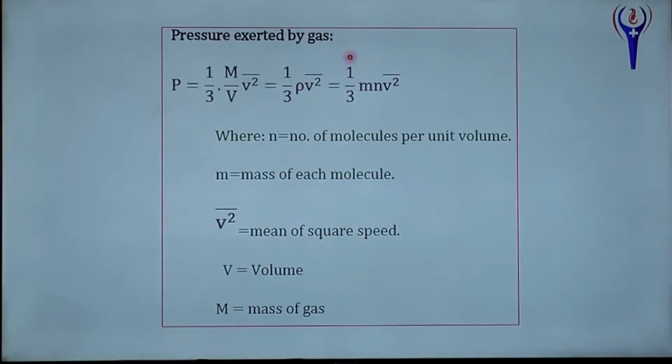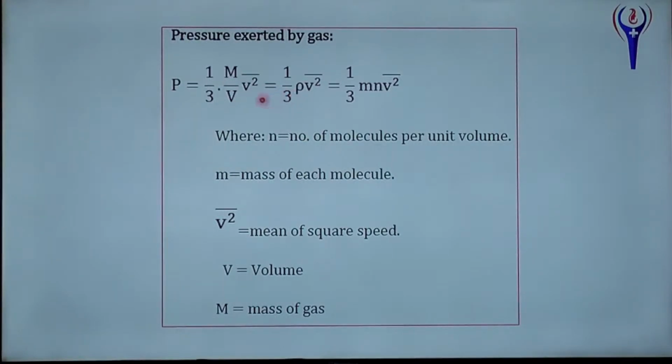Pressure exerted by gas. These are all formulas we may use for problem purposes. Pressure exerted by gas P equal to 1 by 3 M by V into v bar square. Capital V is the volume and capital M is the mass of the gas, and mass per unit volume is density.